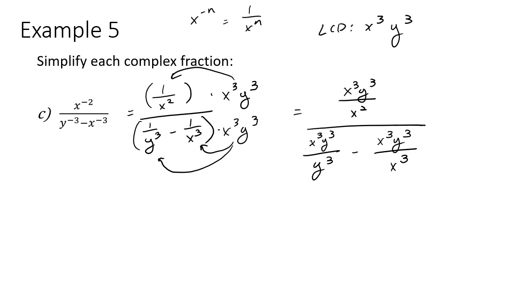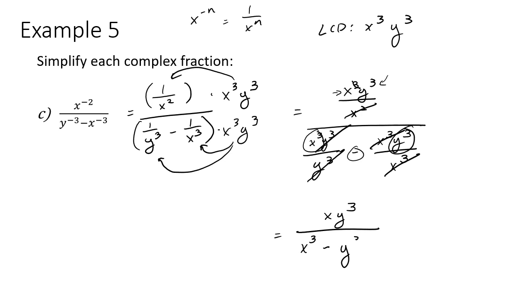And again, all of these reduce. x squareds would cancel out 2 of the x's from the x cubed. y cubes reduce completely. x cubes reduce completely. So what we're left over with is we've got 1x times y cubed in the numerator, x cubed in the bottom left, minus y cubed in the bottom right.